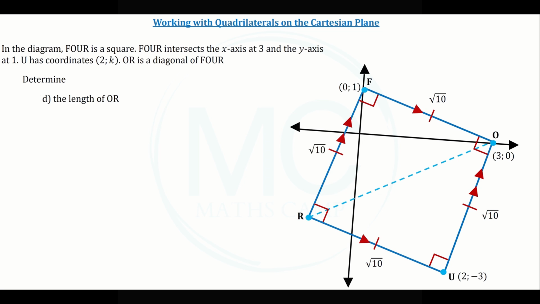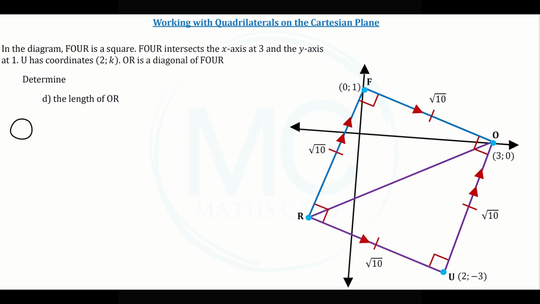We also know that side RU is perpendicular to side OU because of the right angle between the sides over here. This shows us that OR is the hypotenuse of a right angle triangle ORU. And we can use the Pythagorean theorem to find the length of OR.